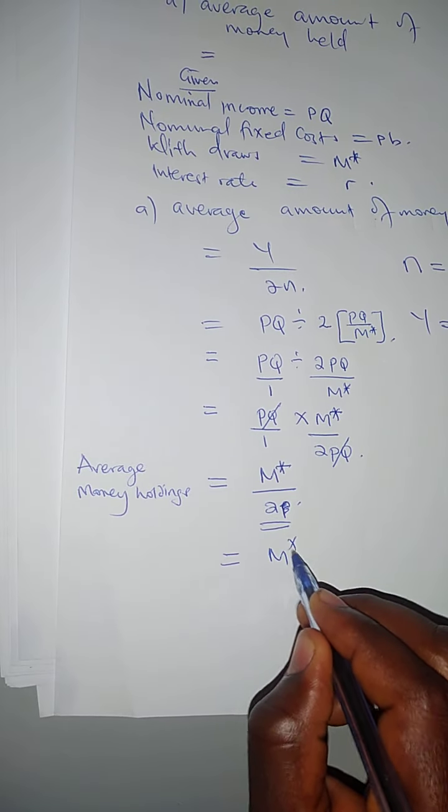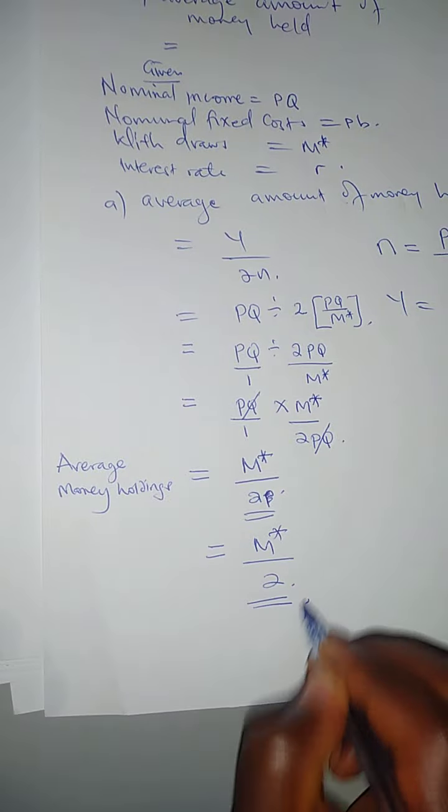Average money holdings is equal to M star over 2. That was our part A.